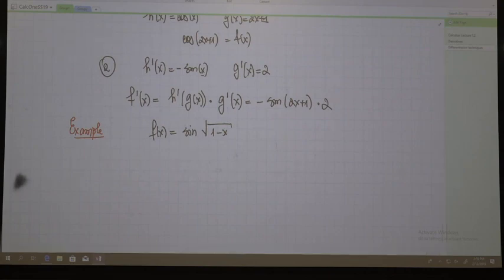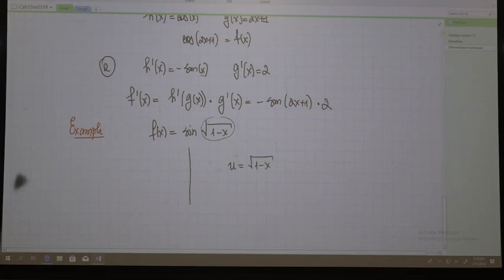Again, there are two ways to solve this. It depends on what is easier for you. Either you substitute this with some variable, for example u, saying u is equal to the square root of 1 minus x.